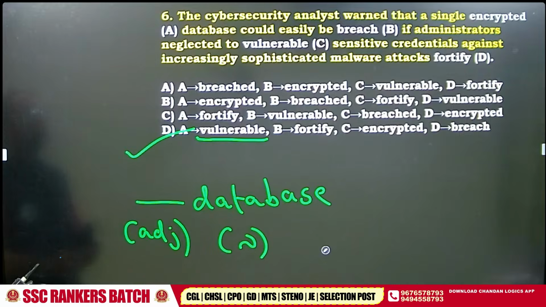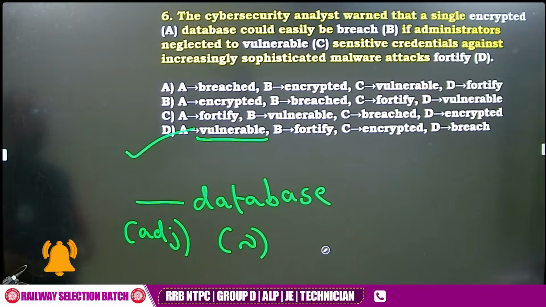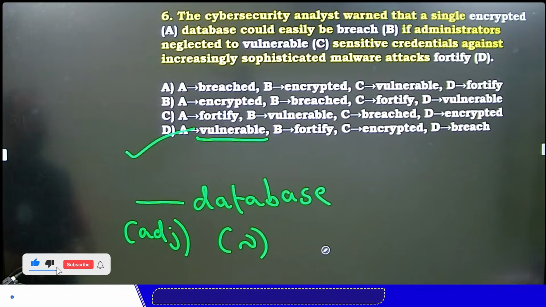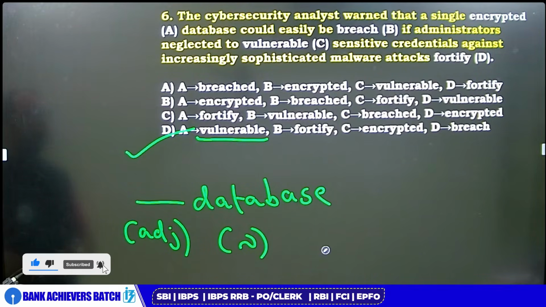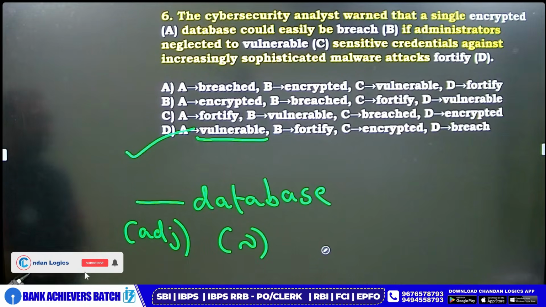If there is a single vulnerable database, that could be a vulnerable database that could easily be breached if administrators neglected to. I think vulnerable is okay, but if you look at the other options, they are not suitable here.